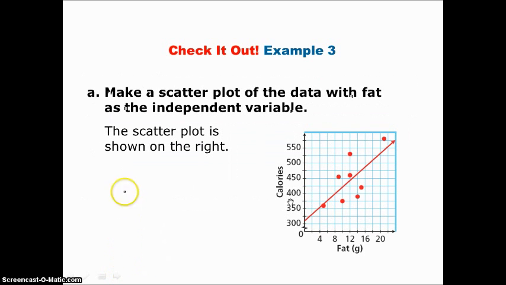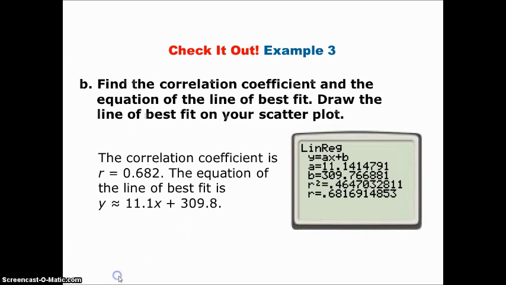If we make a scatter plot of the data with fat as the independent variable, the scatter plot is shown at the right. Notice that the dots are all over the place, and it's hard to put the line through the dots because they don't really follow a line very well.